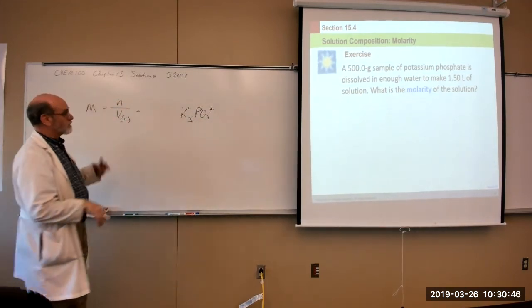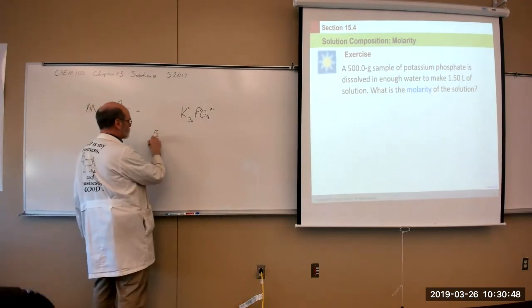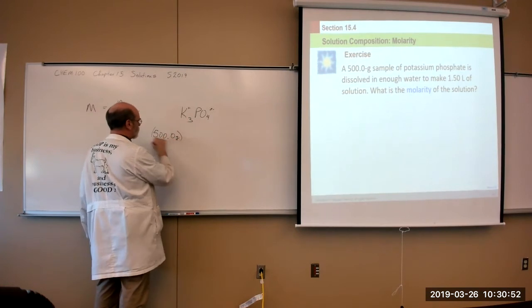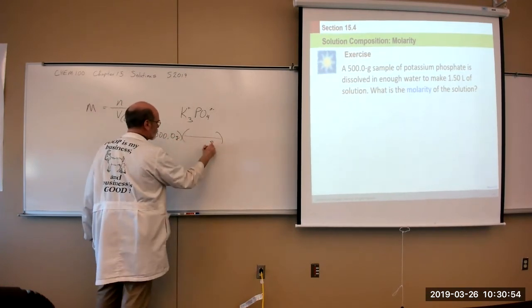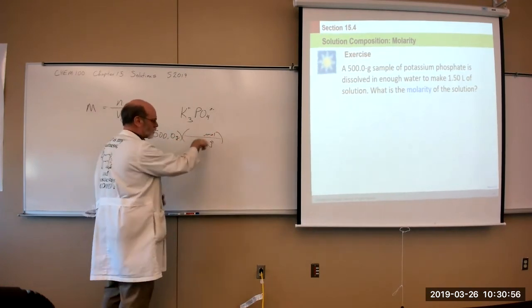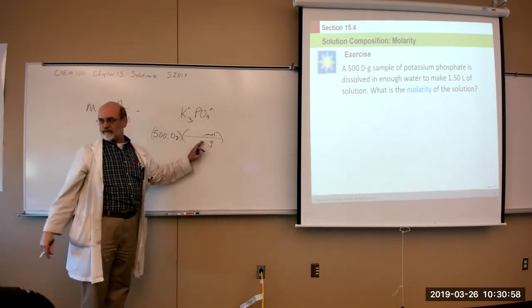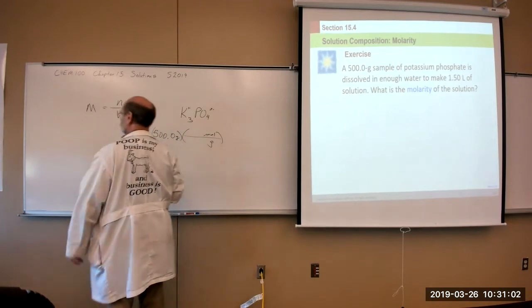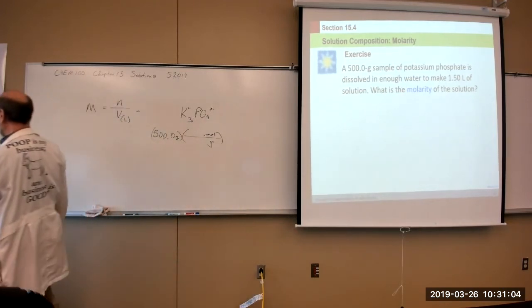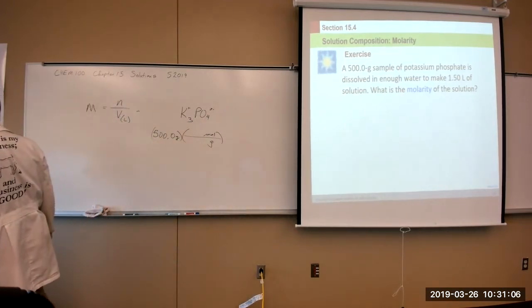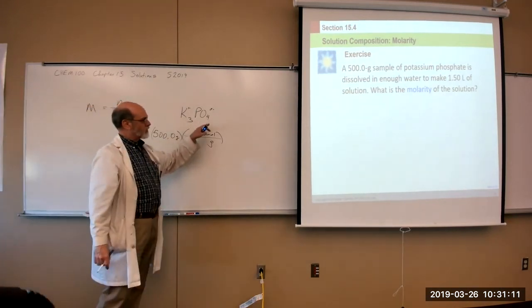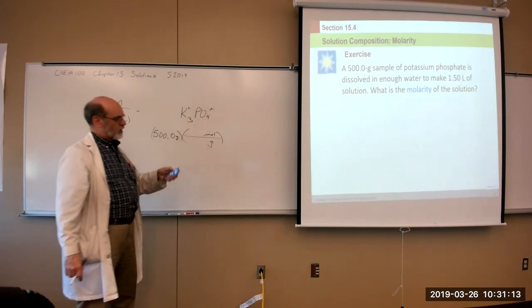Then to convert 500 grams, you need a conversion factor. Moles and grams in this relationship means molar mass. So you take 3 times potassium, like 39, 1 phosphorus and 4 oxygens, and you get a value there.